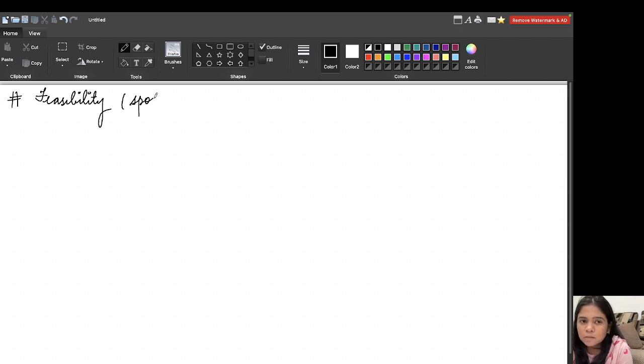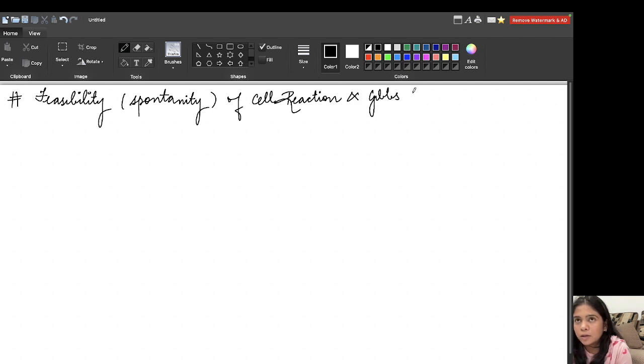Feasibility or spontaneity of cell reaction and Gibbs free energy.